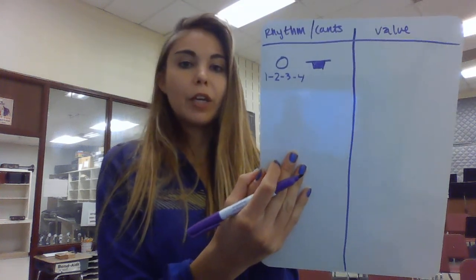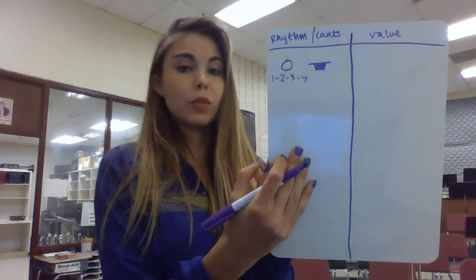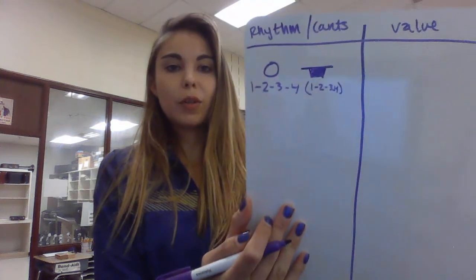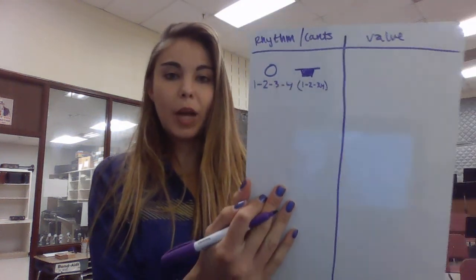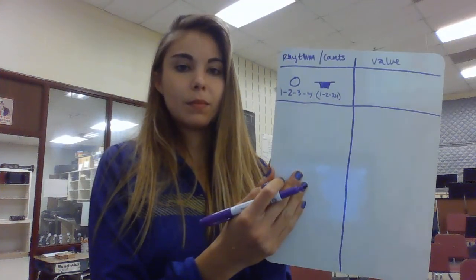So when we count it out loud, when we clap, 1, 2, 3, 4. Notice the dashes, because that's showing you you're holding through all of those sounds, those beats. And same thing with the rest, 1, 2, 3, 4. But we put that in parentheses to show that we're just thinking that in our head, since we're not making sound. Okay, I'm going to draw a little line underneath that to separate.